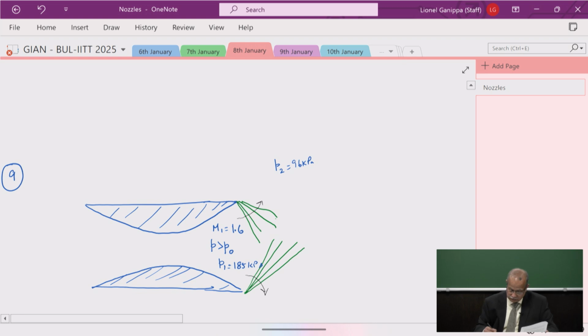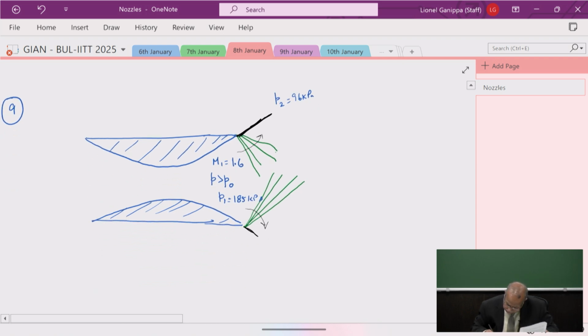So this will be the free boundary flow dispersion. The jet will disperse like that, flow turn. We are asked to calculate what is this angle. Calculate the angle through which the gas jet disperses immediately after leaving the nozzle exit.